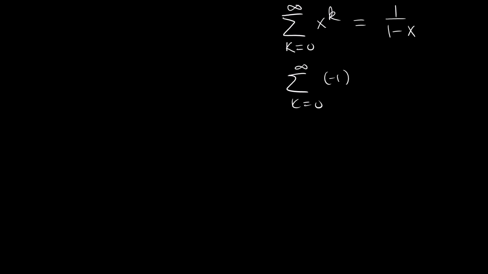Using geometric progression, we know that when you're summing from k equals 0 to infinity of x to the k, that's the same as 1 over 1 minus x. Similarly, if you have 1 over 1 plus x, that is the same as the alternating sum.